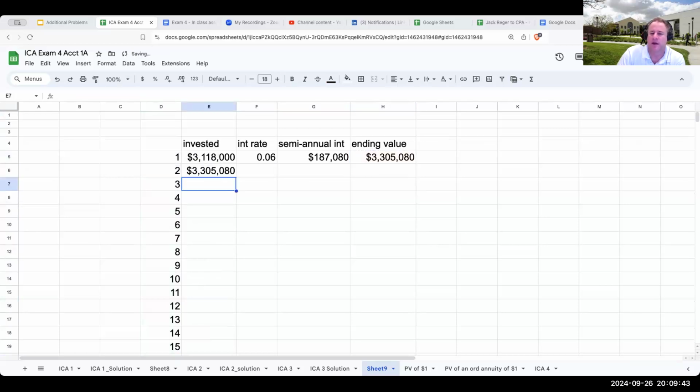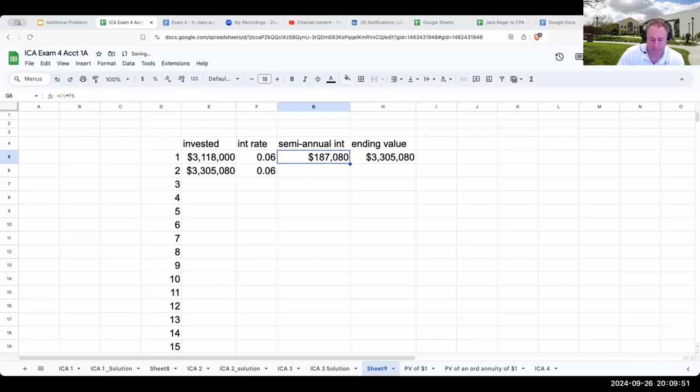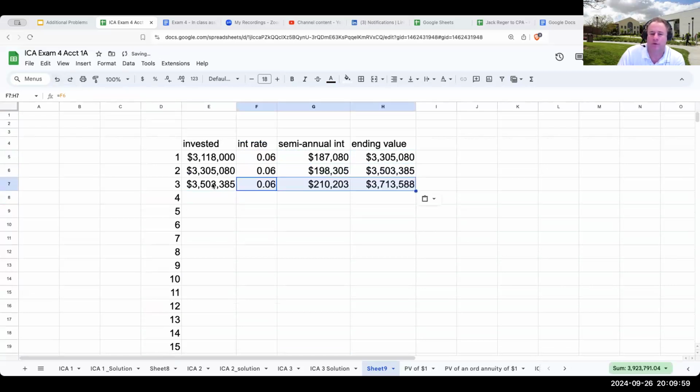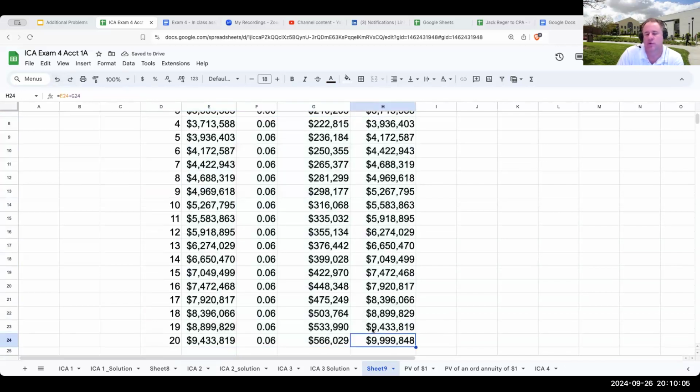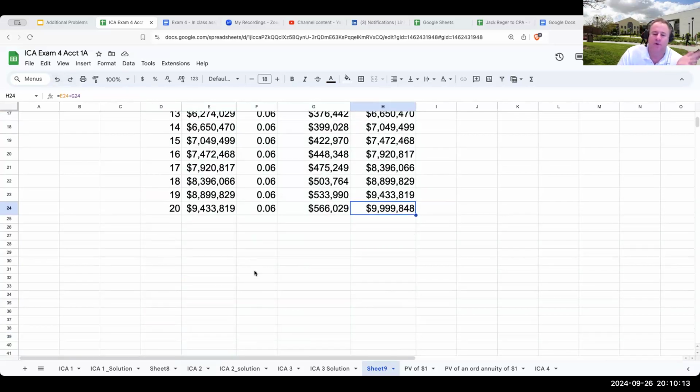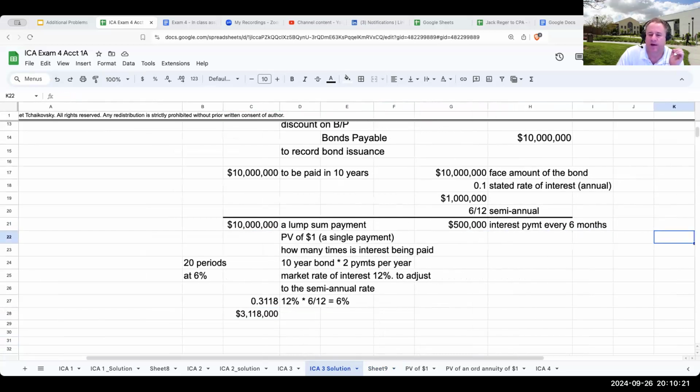So if I take that amount after 6 months, I reinvest it, and then I basically roll that forward, by the end of year 20, this is going to be worth close to $10 million. So what this whole thing with present value does is it's taking an amount in the future and bringing it back to today's dollars, because this 10 million is not going to have to be paid out for 10 years. Let's go ahead and look at the 500,000.